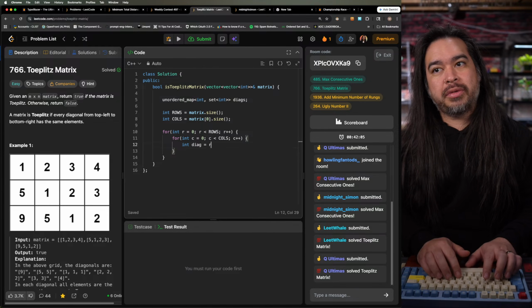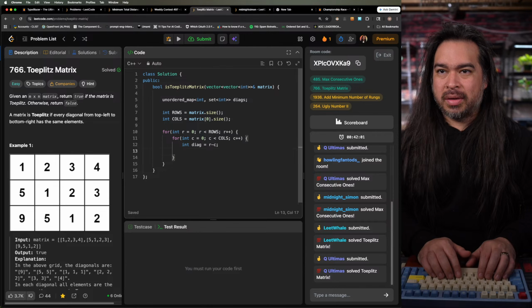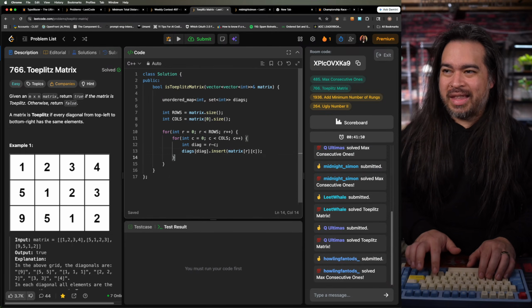What is it? R minus C, maybe? Something like that.